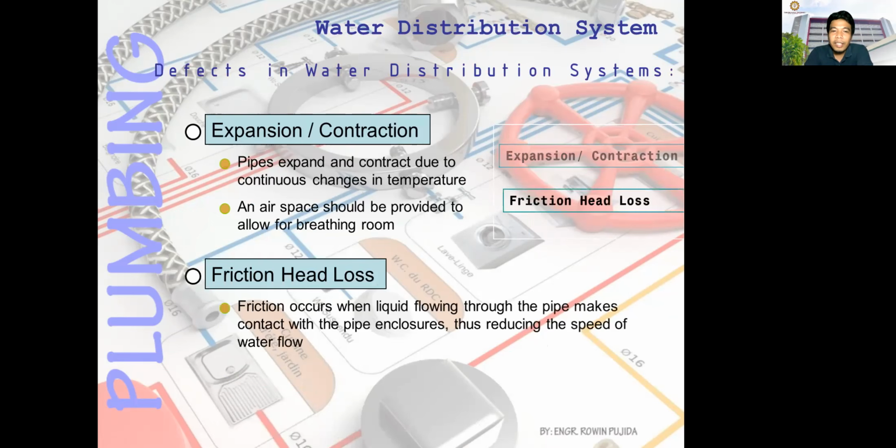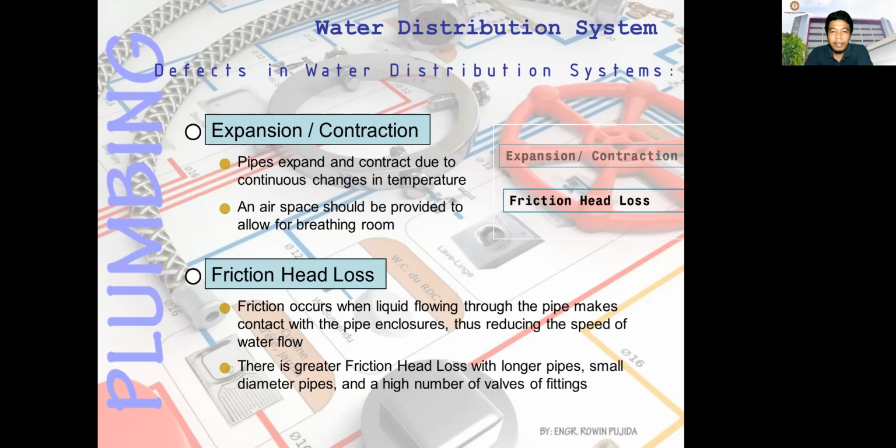Okay. Next is friction head loss. Friction occurs when liquid flows through the pipe. The water makes contact with the pipe enclosure, thus reducing the speed of water flow. There is greater friction head loss with longer pipes, small diameter pipes, and a higher number of valves or fittings.